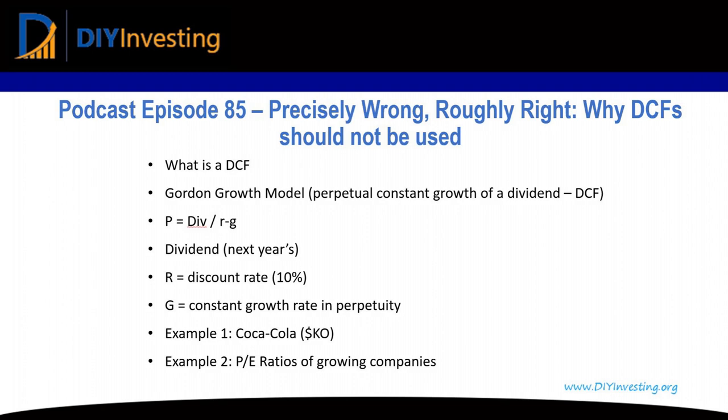This means that the current market price of Coca-Cola is being valued at the market based upon perpetual growth of dividends at a 6.5% rate. This means they think that Coca-Cola is going to grow its dividends 6.5% this year, 6.5% next year, 6.5% 5 years from now, 10 years from now, 50 years from now, 100 years from now, et cetera. Now, I think that estimate is high.